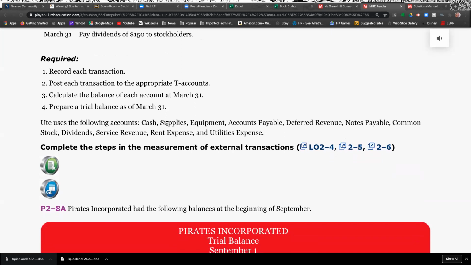Don't make up something that you don't see here, right? Because it'll be wrong. You are going to be given the accounts. See where it says post each transaction to the appropriate T account? Well, in Connect, you'll have the accounts. So you won't have to draw T's like you might see me do sometimes.